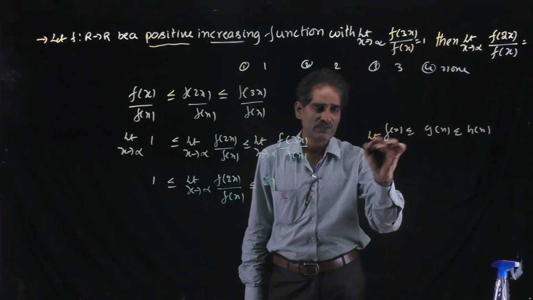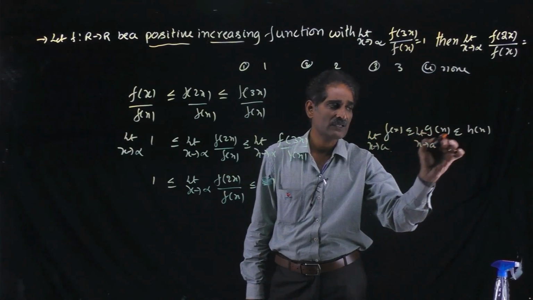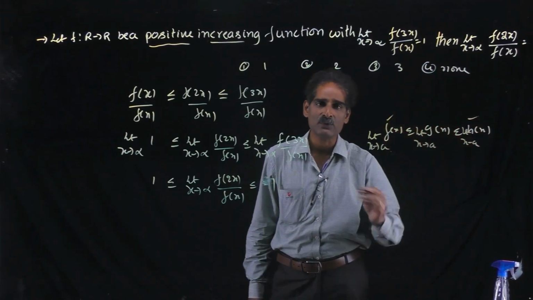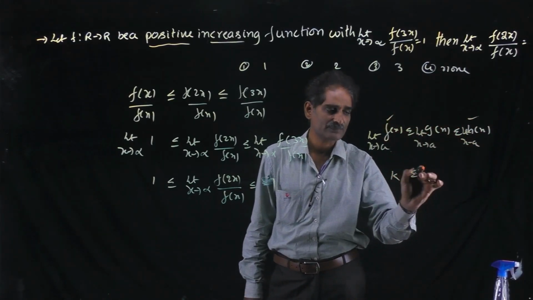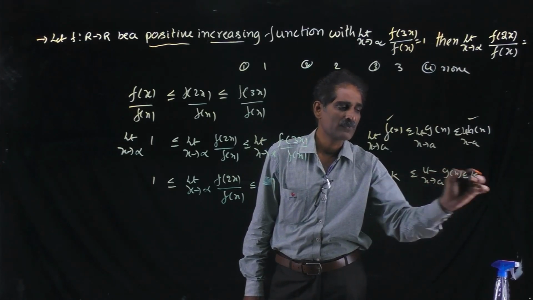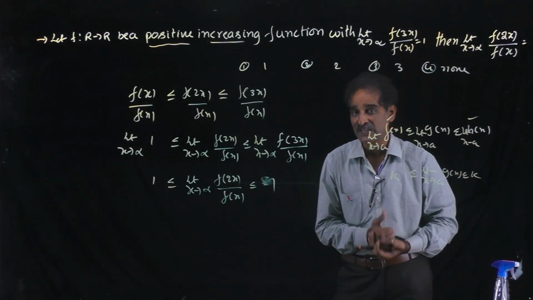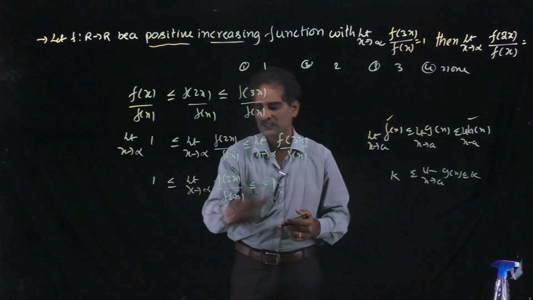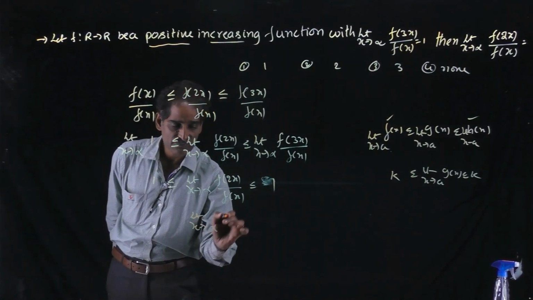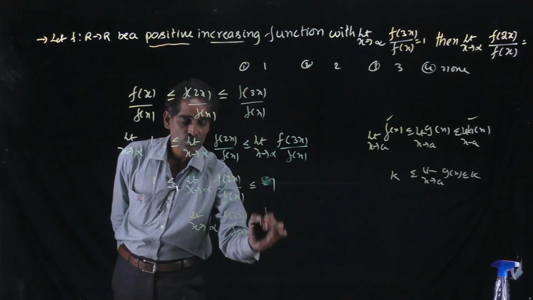If the limits of the two outer functions equal some constant, suppose k, this means the middle lies between k and k, so its value is also k. That is the sandwich theorem. By the sandwich theorem, the expression value is 1, that means the limit as x tends to infinity of f of 2x by f of x is also 1.